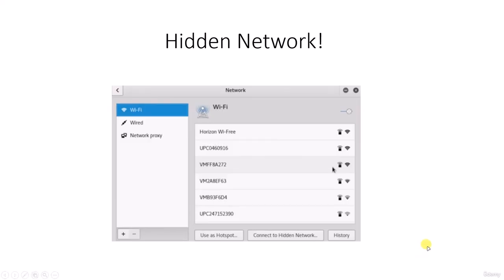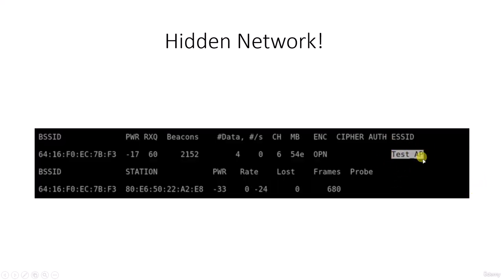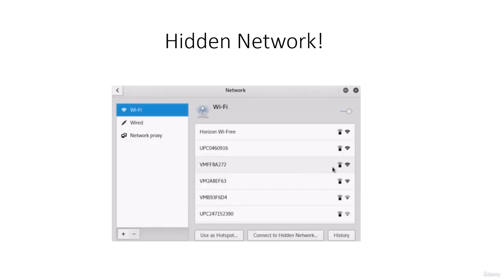Firstly, you have to go to your Linux machine, and it will show up here all the system settings. Then you go to the application and Wi-Fi settings, and as you can see in the Wi-Fi settings, in the lower end here, there is connect to a hidden network. You can connect to this hidden network, whose name is test_ap.